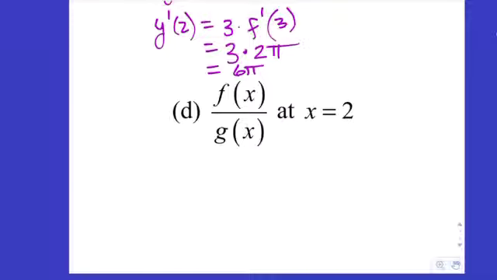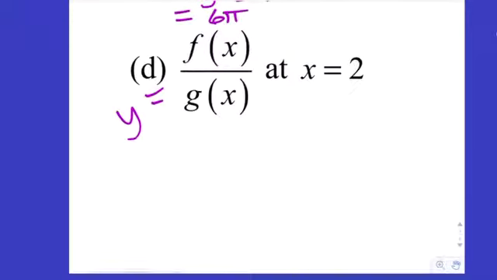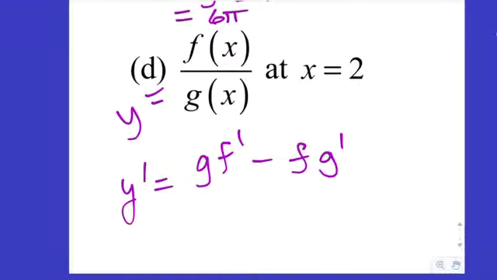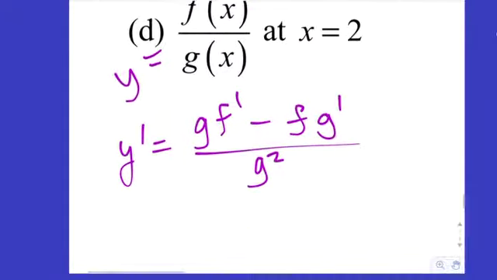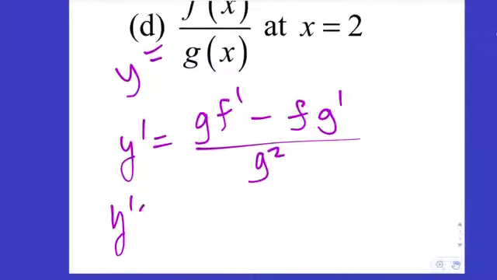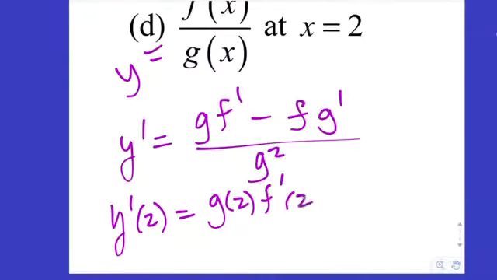All right, this is like the Hody-High rule. It is the Hody-High rule. So y prime is ho d high minus high d ho, all over ho ho. So that's g squared. Now y prime of 2 is g of 2, f prime of 2, minus f of 2, g prime of 2, all over g of 2.